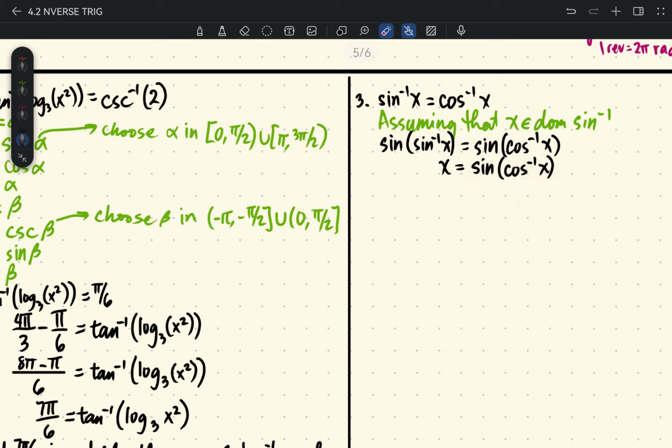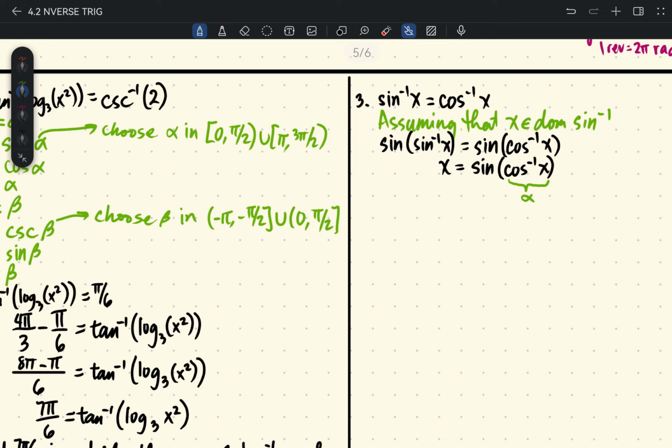So originally, you have two inverse trigonometric functions, but now you have a trigonometric function combined with an inverse trigonometric function. So what can we do? Basically, let's try and get rid of the inverse trigonometric function here. So we'll apply a substitution.